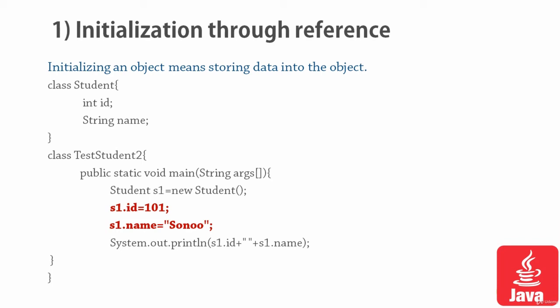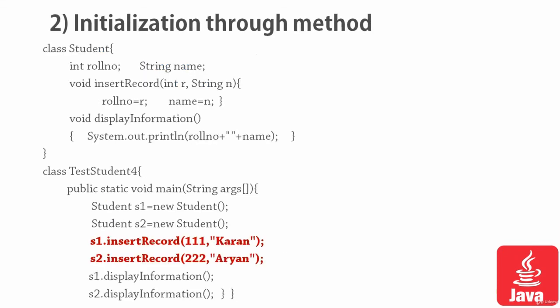We have an object called s1 of the Student class. We can assign a value to id, say 101, if we want to assign a number. We can assign it by referencing the object s1 dot the name of the variable. Similarly, we can assign the name as any string you want. This is the first mechanism.